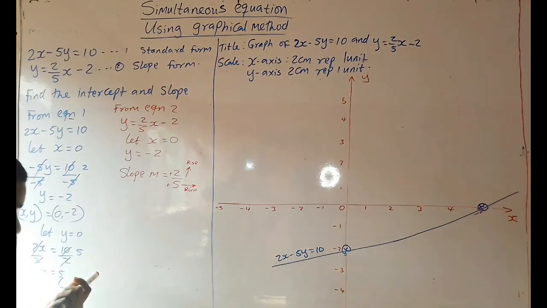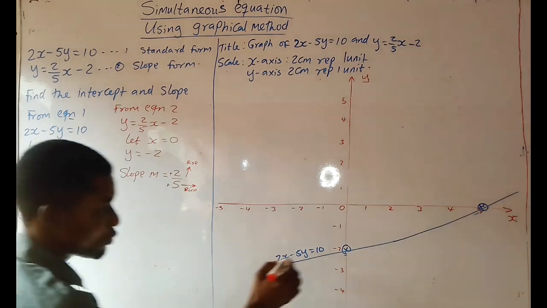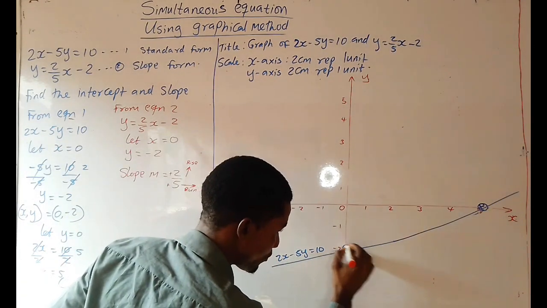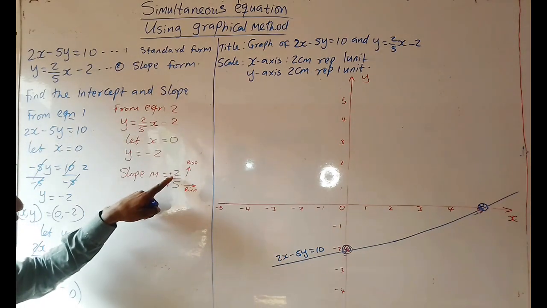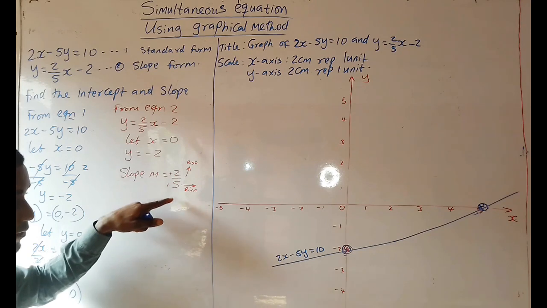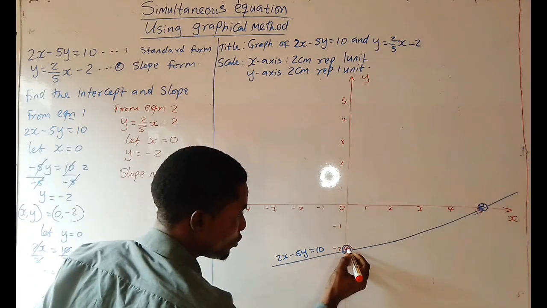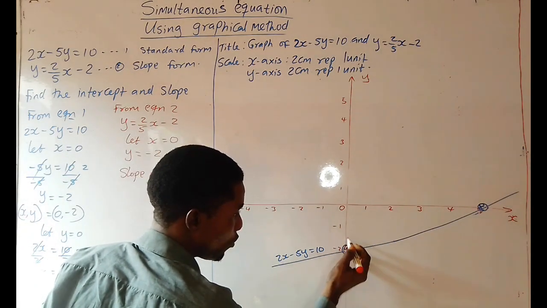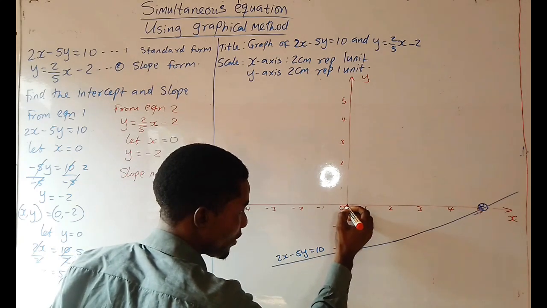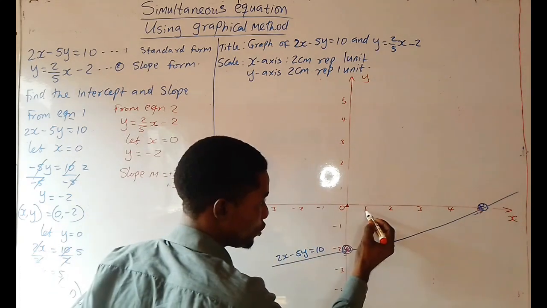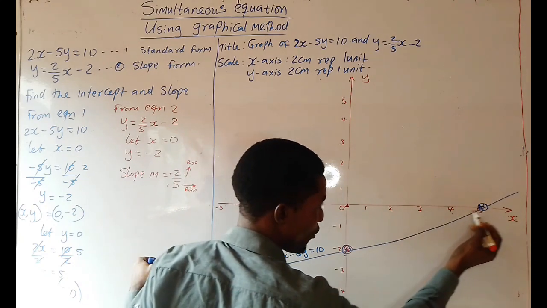Now let's plot the second equation. The second equation says when x equals to 0, our y is minus 2. Now the slope says 2 rise and 5 run. Let's count. We start from 2, 1, 2. 2 rise and 5 run. 1, 2, 3, 4, 5.